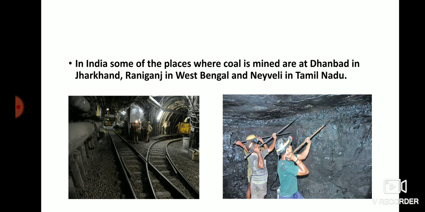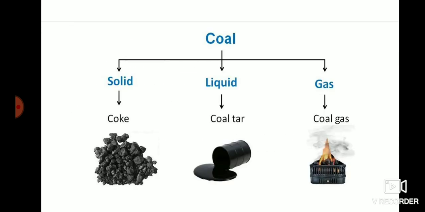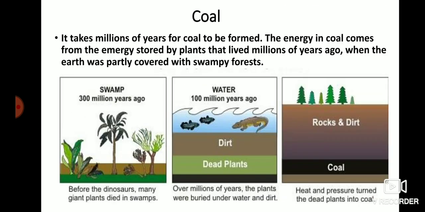So, dear students, today we have learned about coal. Again, I am repeating once again. Coal is formed millions of years ago by the dead remains of plants that got buried under the earth. And due to chemical change, it changed into fuel, coal.